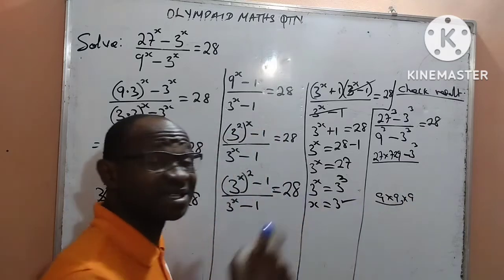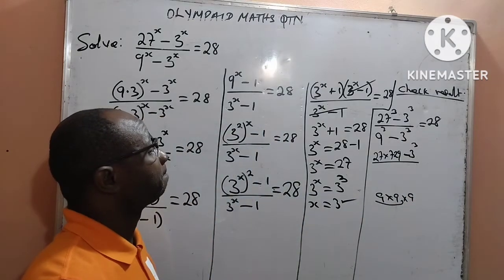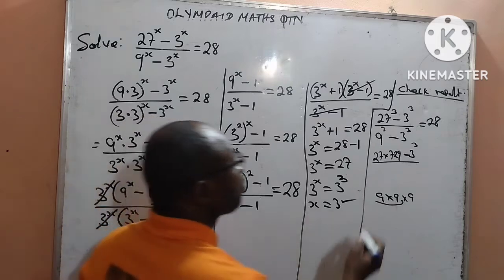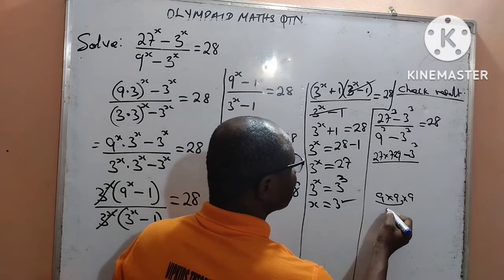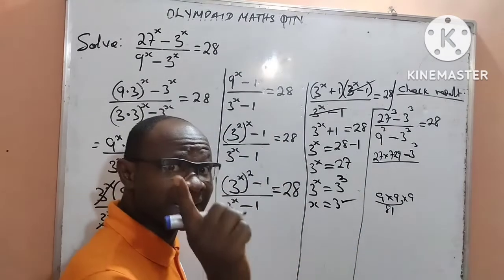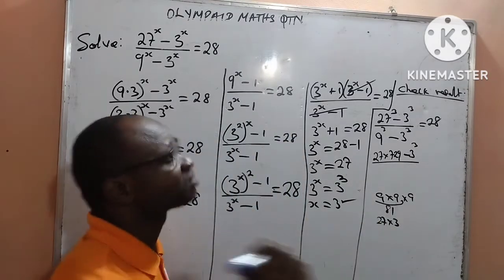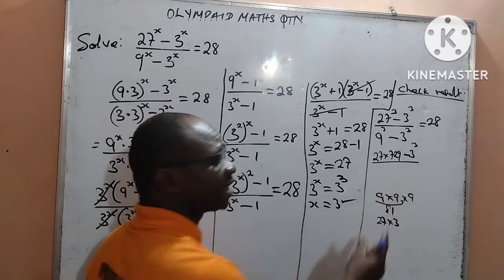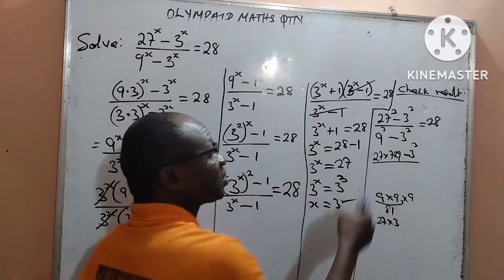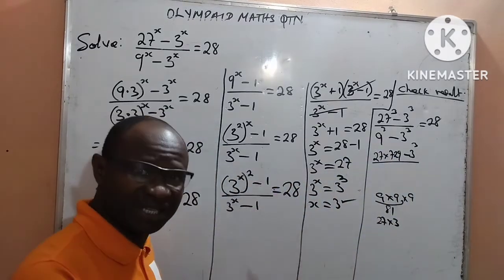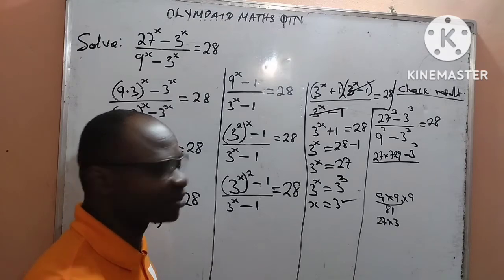But this 9 times 9 is the same thing as 81, and I can write 81 as 27 times 3. What is my interest? I want to get 27 at the denominator since I have it at the numerator, so that the simplification can be easy for me without a calculator.